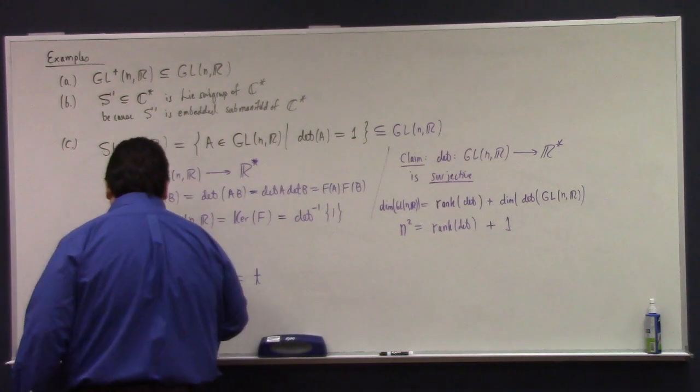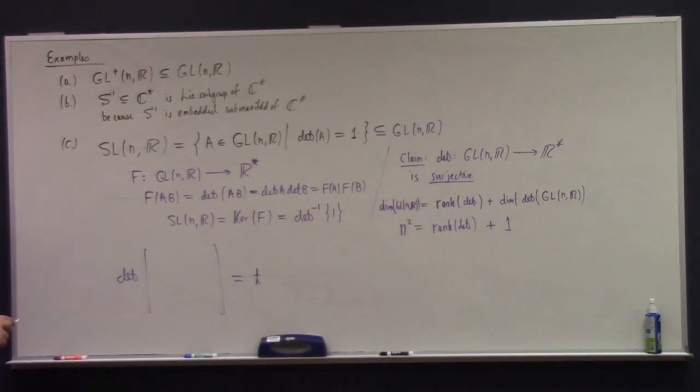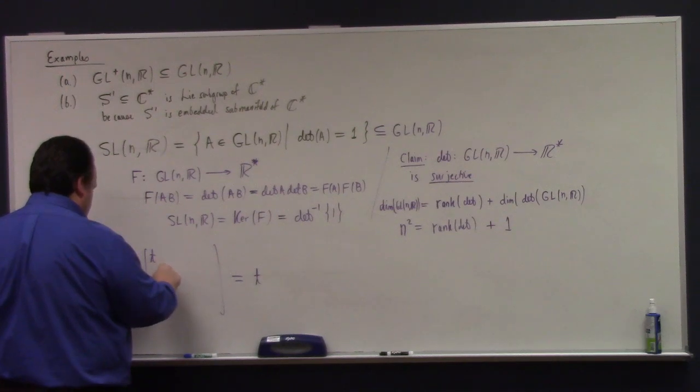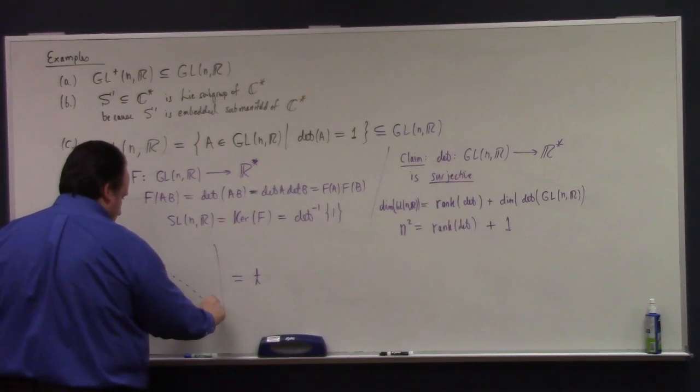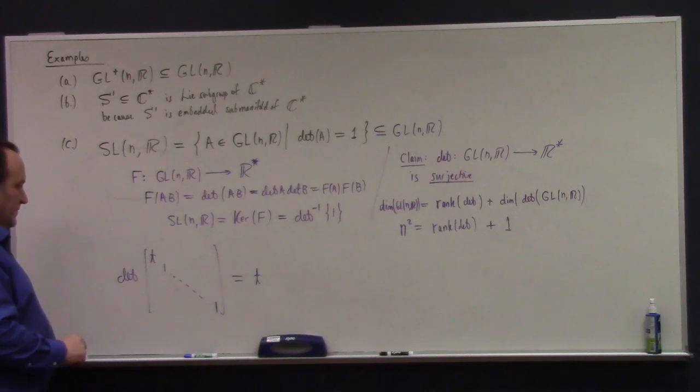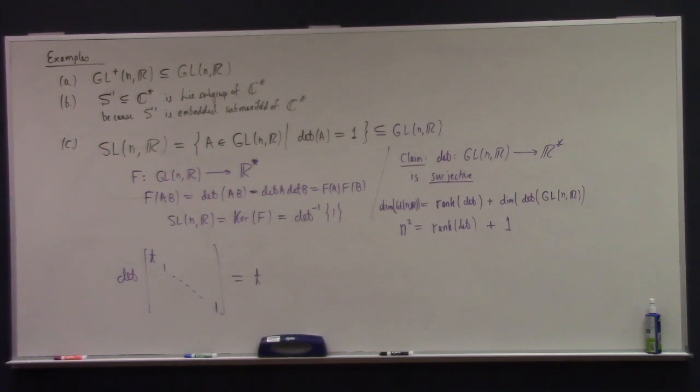T on the diagonal and 1 everywhere else on the diagonal, and zeros elsewhere. Or t anywhere on the diagonal and 1 everywhere. Well, we just need one matrix. I think that works, right? Certainly we can construct that as an n by n matrix.